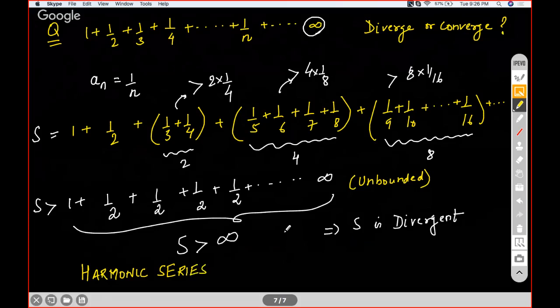The harmonic series is basically a part of the p-series where the p value is equal to 1.